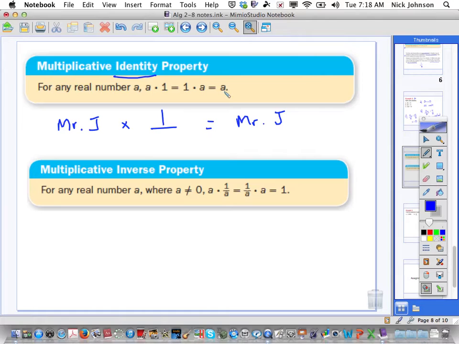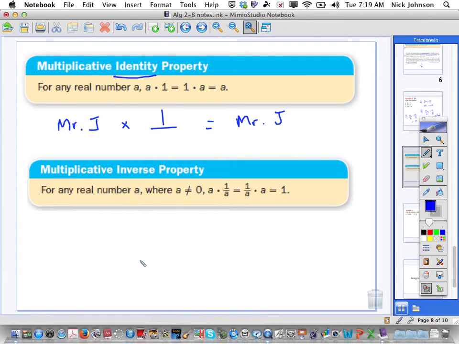Yes, whenever you multiply something by 1, you get out the same thing. The multiplicative inverse property says for any real number a, where a cannot be 0 because it would be undefined, a times 1 over a equals 1 over a times a, which is the same thing as equaling 1.